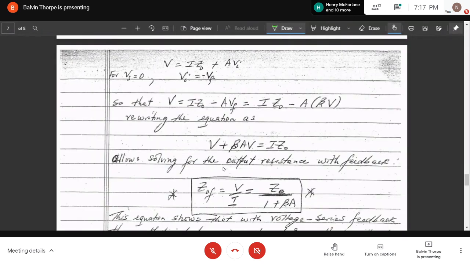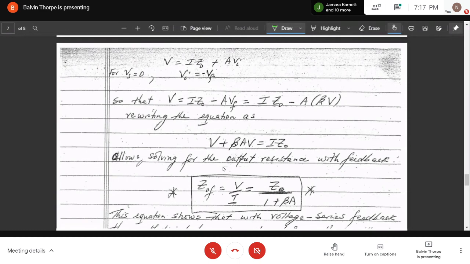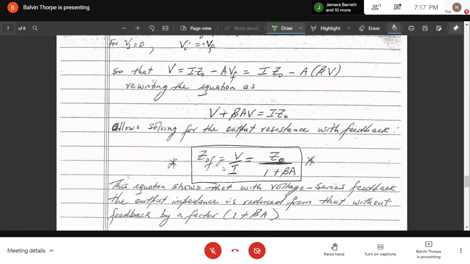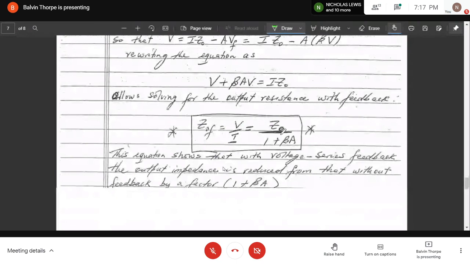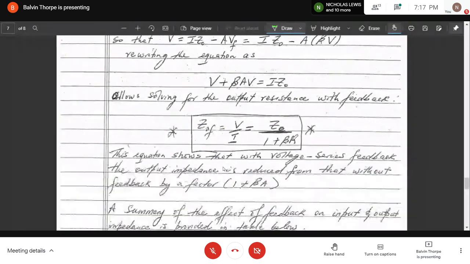I just want you to go through the proof and see how it comes up. So at the end of the day, you see the output impedance with feedback. Eventually, when you do the proof, and it's just a couple of lines, you see that the output impedance is reduced by a factor of 1 plus beta A, which means that the output impedance is going to reduce with feedback as compared with without feedback.